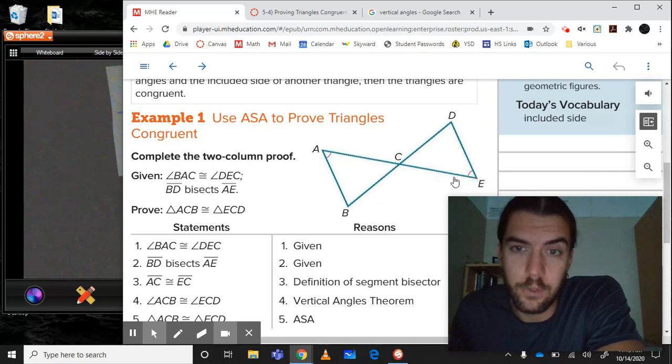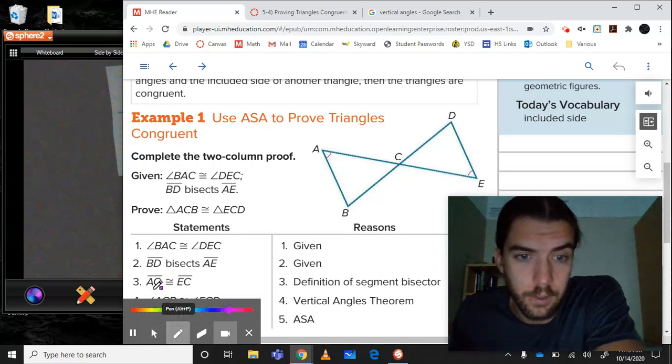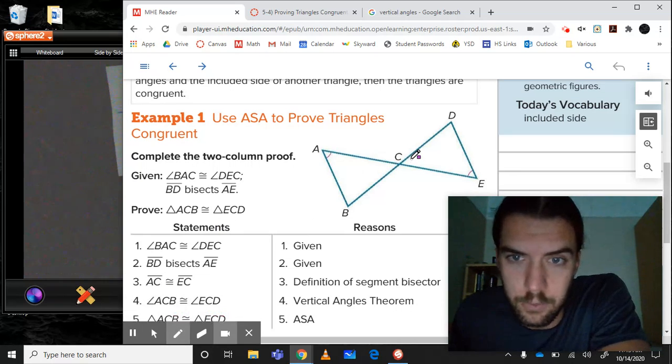So if the two angles are congruent to the other two angles, and their included side, so CE was the included side here, the side that's between this angle and this angle, if that included side is congruent to this included side, then we're in good shape. So let me just real quick draw those trios.